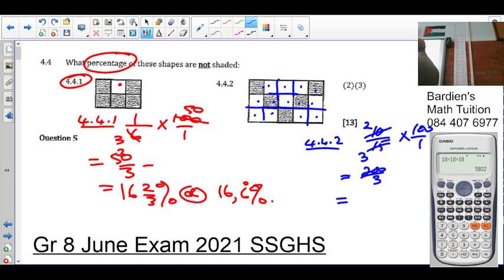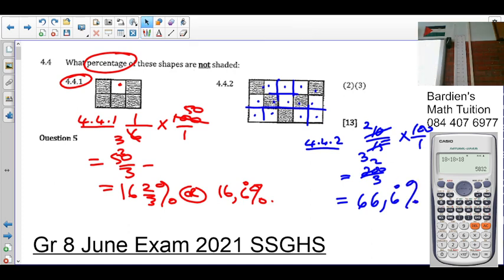So 3 goes into 20, 6 times carry 2, 3 goes into 20, 6 times carry 2, so it's 66,6 recurring percent. No? See any confusion here?